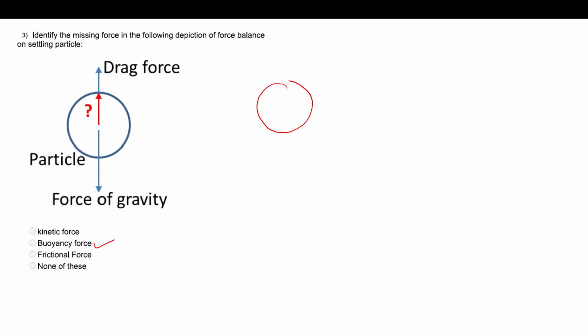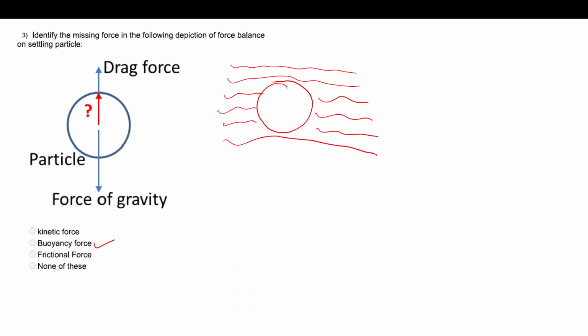If this is the particle, and here, let's say it is any fluid, okay, it can be air, it can be any particular gas, or it can be any liquid. So, fluid can be gas or liquid. Now this particle is present in this much space of that fluid, which means that it has replaced, let's say the particle is having volume Vp.